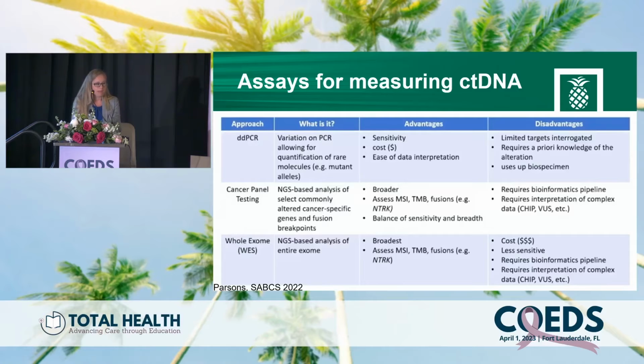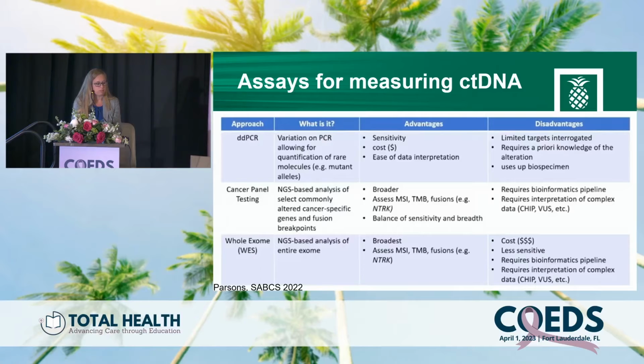Cancer panel testing is more what we're used to seeing with, say, your Guardant testing, liquid biopsy. It's a next generation sequencing based analysis of some selected mutations. You tell it what tumor type you're looking for, and then it will probe certain mutations. So it is broader.